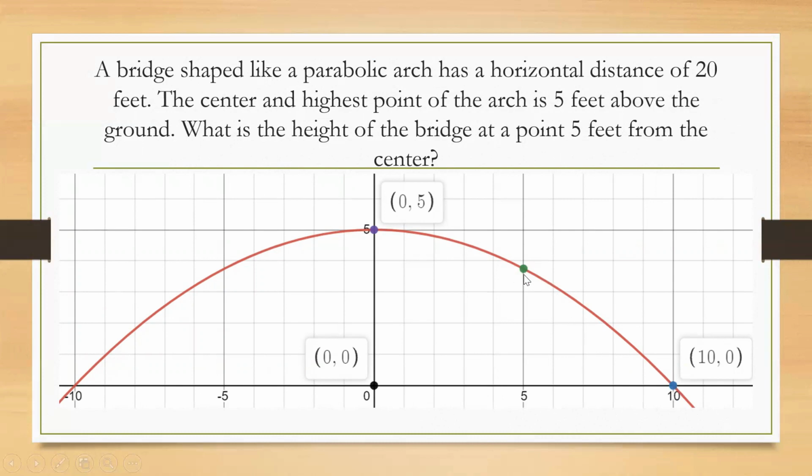This green dot right here is the point that we are looking for. Horizontally it is 5 feet from the center, but we are looking for its height.